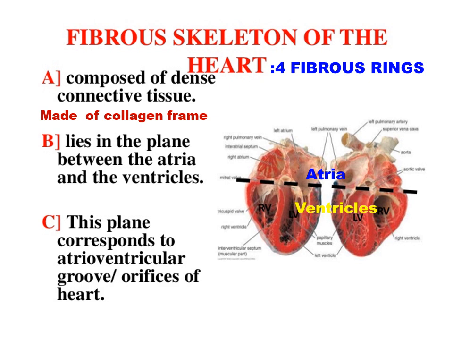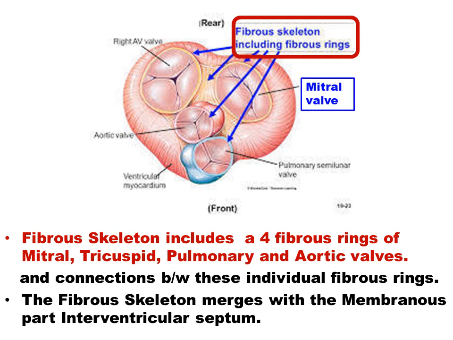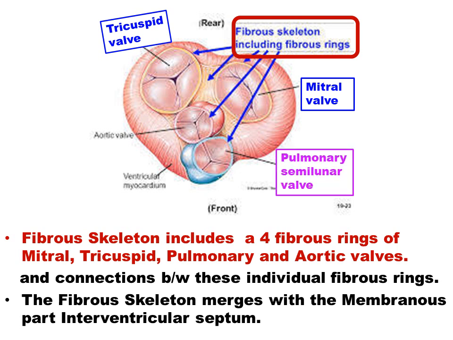They lie in the plane between the atria and the ventricles that corresponds to the atrioventricular groove at the bases of both the ventricles. The fibrous skeleton includes four fibrous rings, that is the mitral valve, that is the left atrioventricular valve, the right atrioventricular valve, that is the tricuspid valve, the pulmonary semilunar valve and the aortic semilunar valve, and connections between these individual fibrous rings.